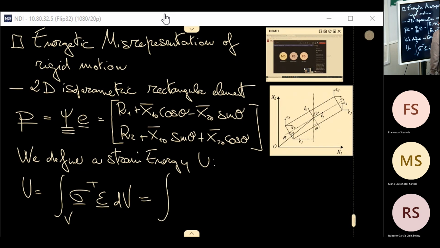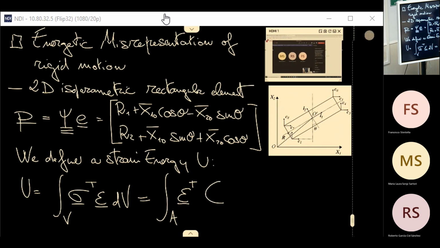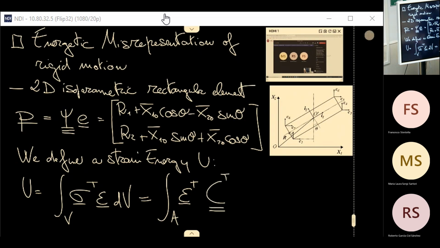So this can be written as the integral over the area of what? Of the strain vector transposed applied over the elastic matrix, which we can call C, applied over the strain vector, and then we also pre-multiply by the thickness of our body and the area.